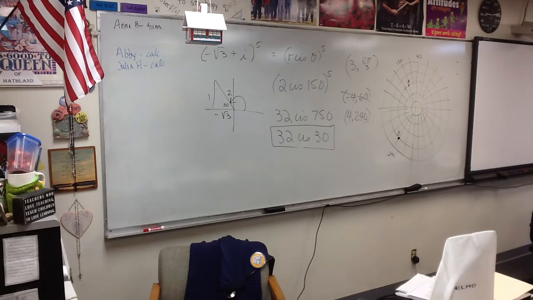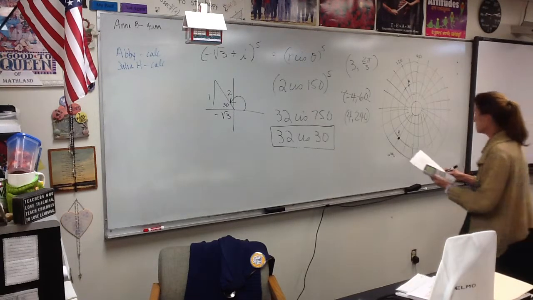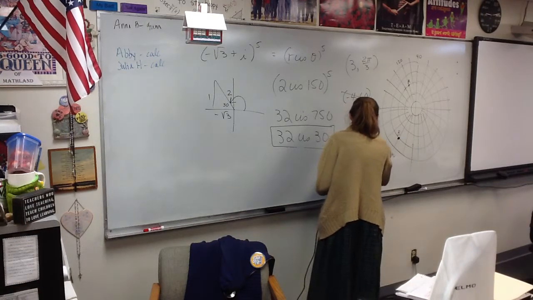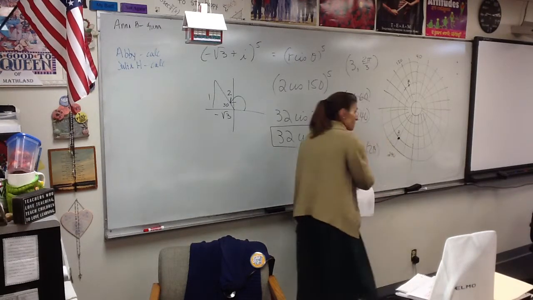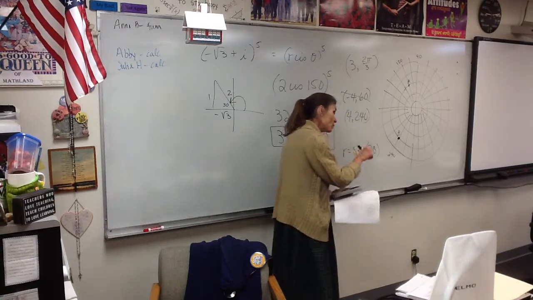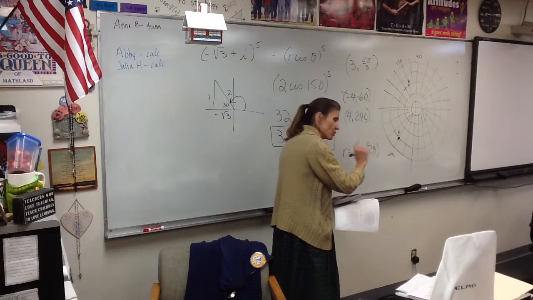For this problem, I want you to think about some of the stuff we talked about. This is going to be a rose. How did you know that? Because I recognize the equation. We went through all those, if you look at your notes.